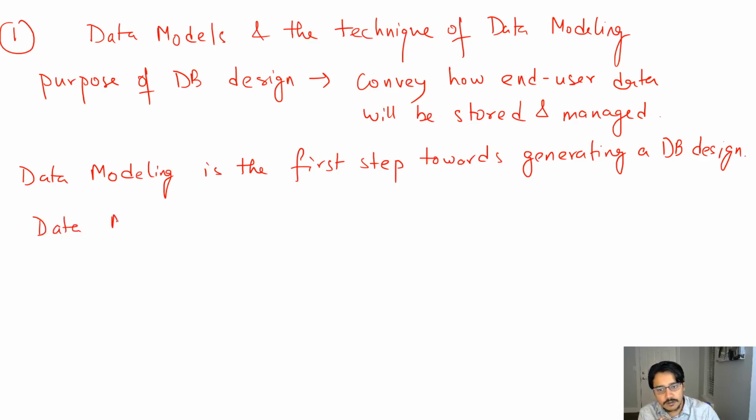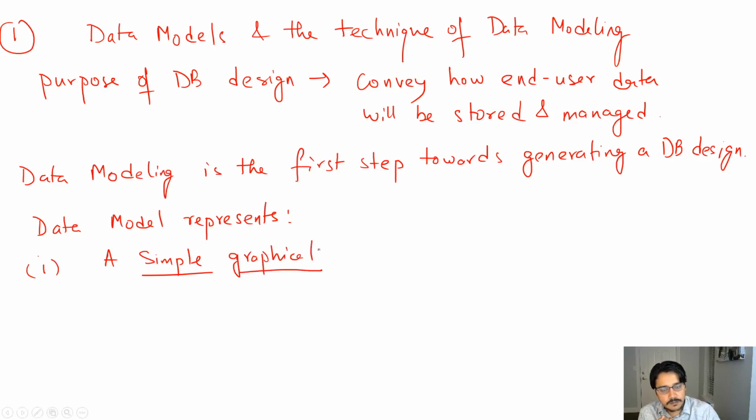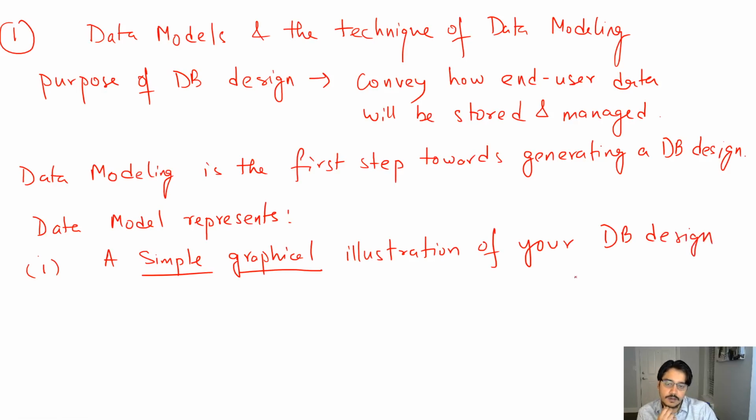So a data model represents a simple graphical illustration of your DB design. So that is one of the primary objectives of a data model, right?